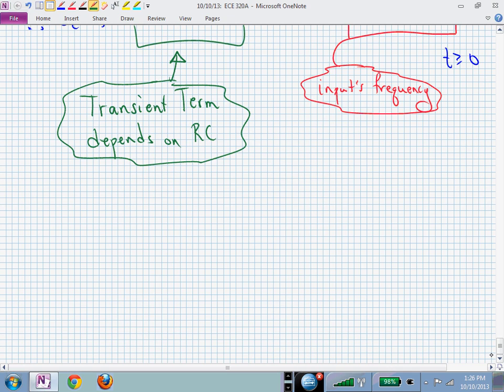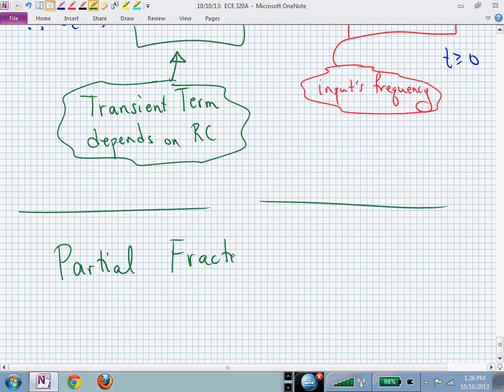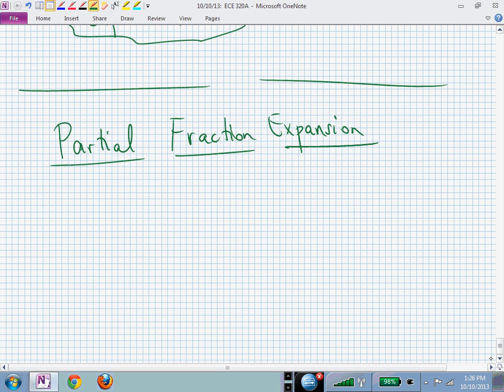Let's now focus a little bit more on this last step, which is the partial fraction expansion. That's the inverse Laplace transform stuff. I'm hoping now that you have a better feel for what S is going to do for you, or what it helps you do. Now, the one thing that you need to be always cognizant of is this partial fraction expansion.